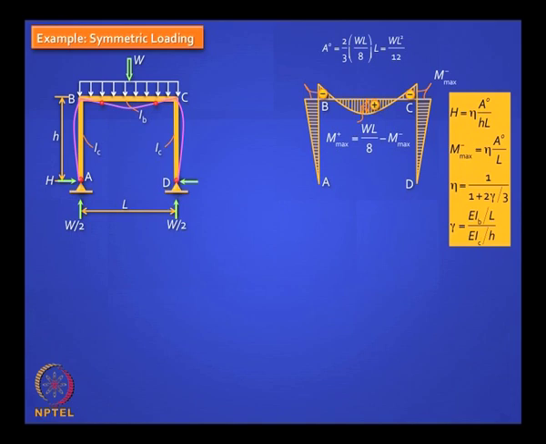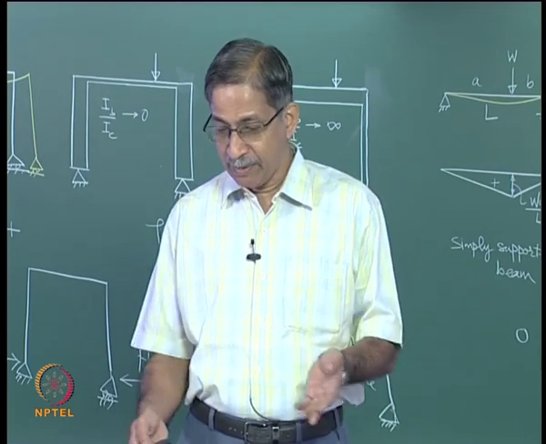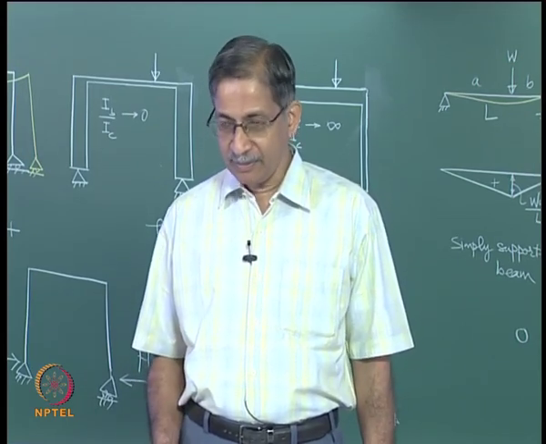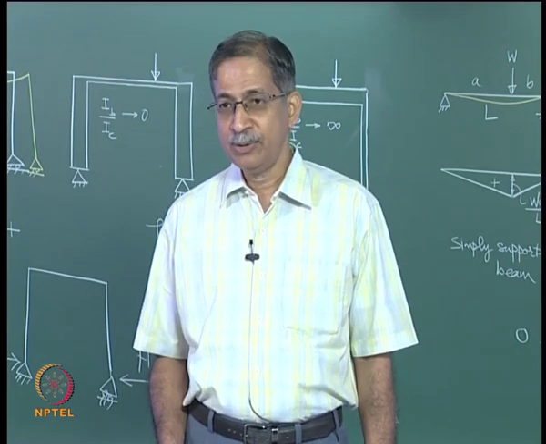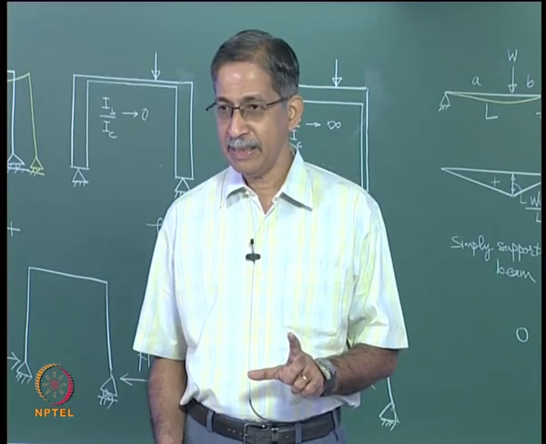So do you agree this is the bending moment diagram you get? The bending moment diagram in the beam will be a parabola which gets lifted up by capital H into small h, and its value is, the area of that free moment diagram, is 2/3 into WL by 8, because it is a parabola, right?